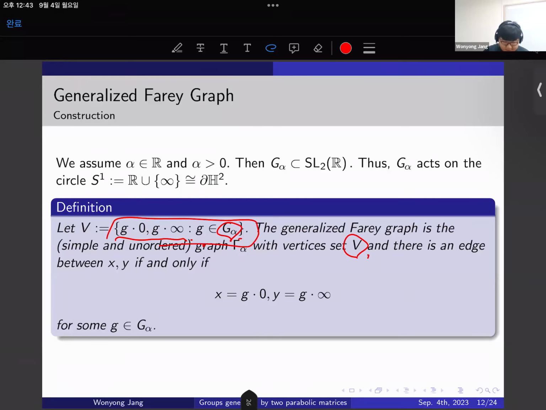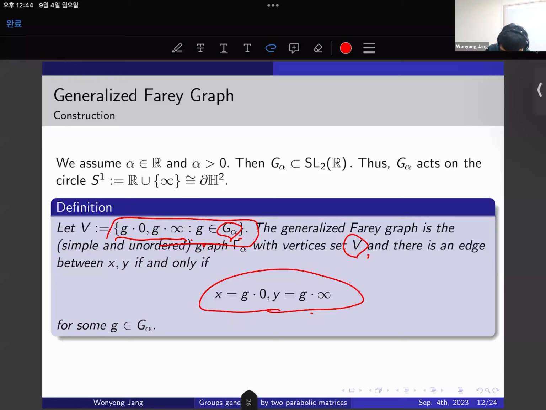And we claim that there is an edge between X and Y if and only if for some g in G alpha, X is g dot 0 and Y is g dot infinity.